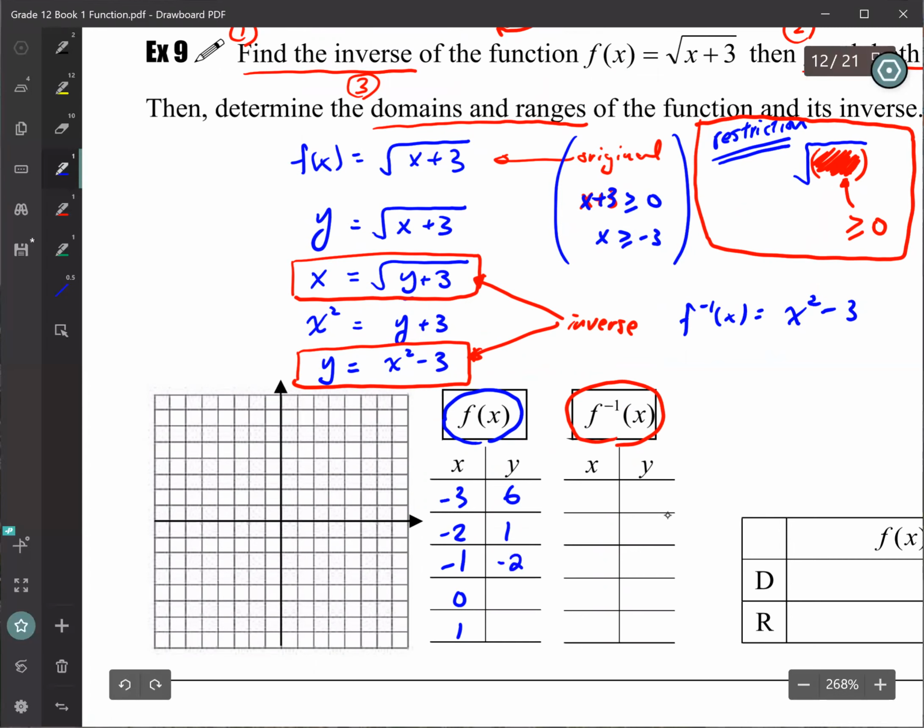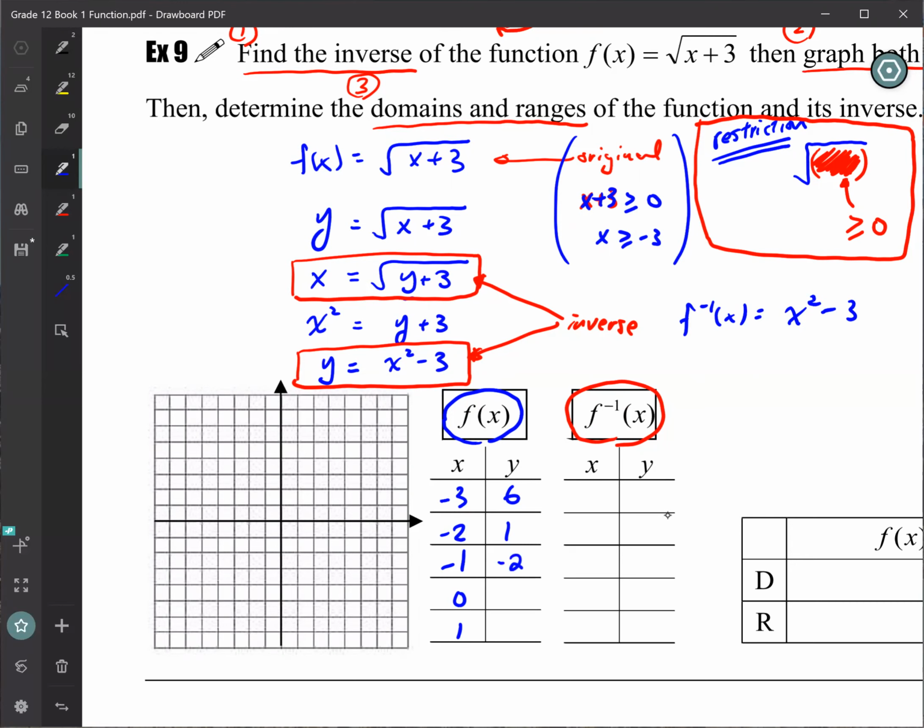Where did you plug it in? Do you know where you are plugging in? No. Then how come you don't ask? You don't say anything. I put it in the inverse. No, not in the inverse.